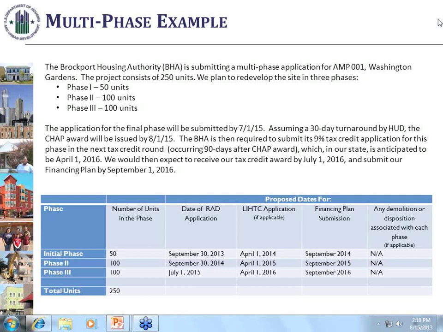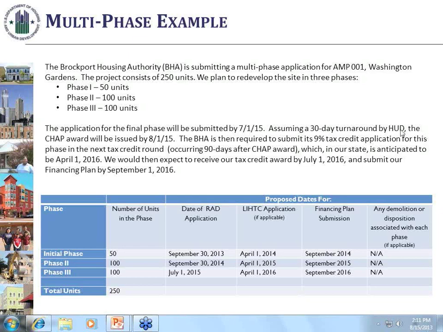Those would be the key elements that we would want from you if you were giving us a multi-phase award. So that's a quick overview of both the portfolio awards and the multi-phase applications.